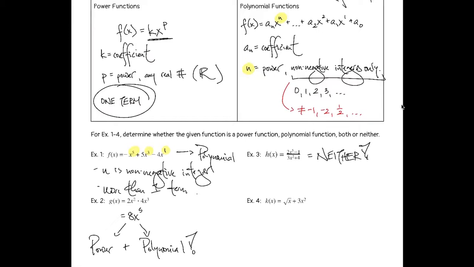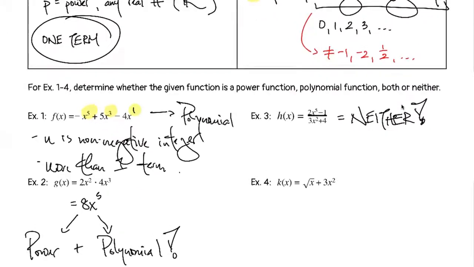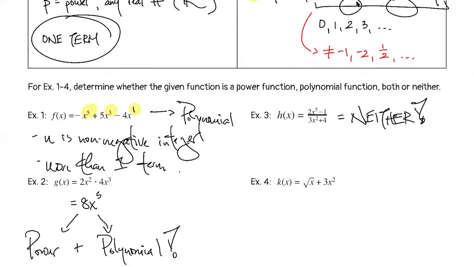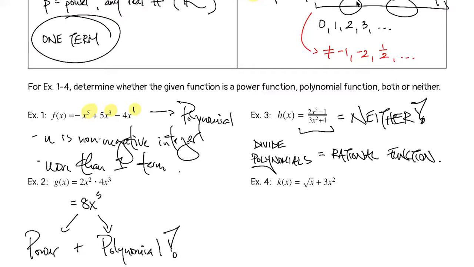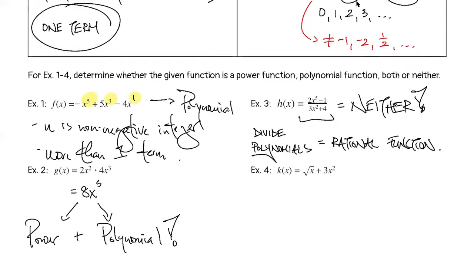This is what we're going to study at the end of chapter 3. When we divide polynomials, we get something called a rational function. So this is not a power function and it's not a polynomial.